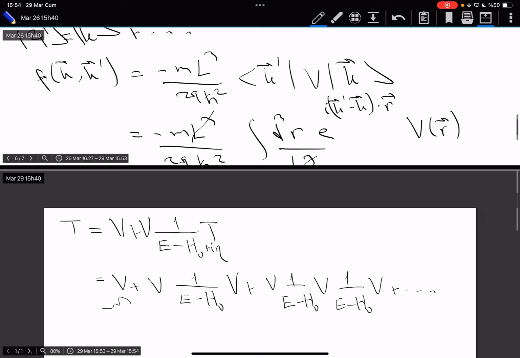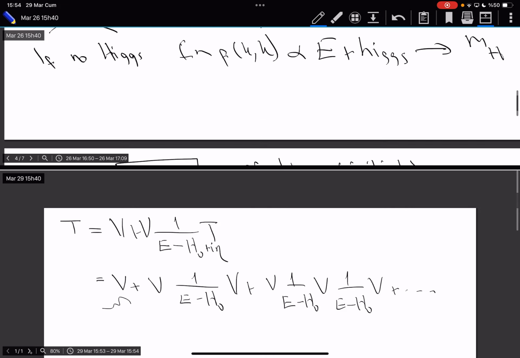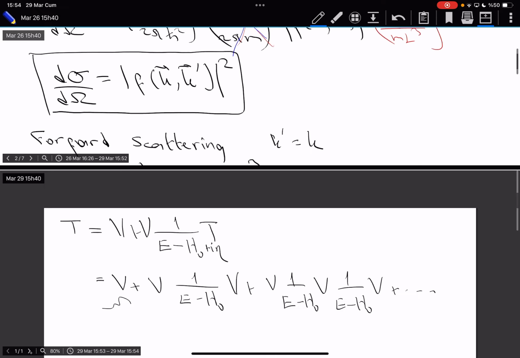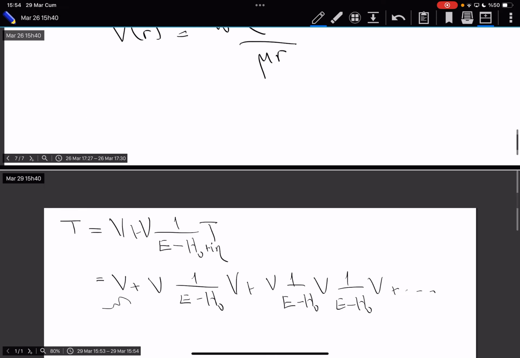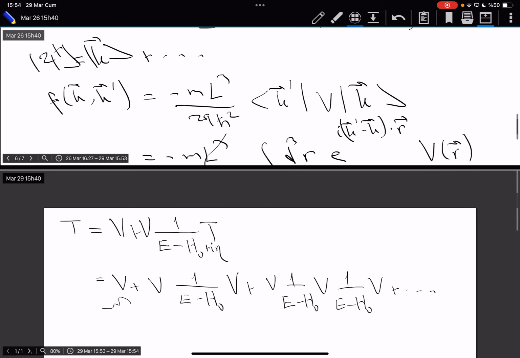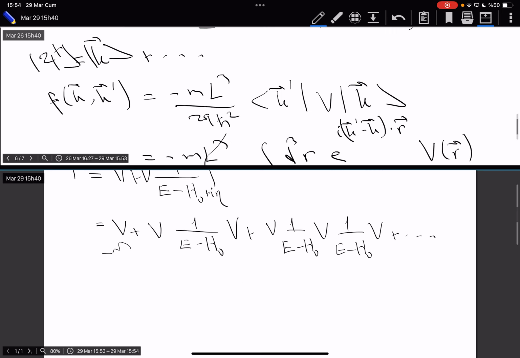Now, F(k', k) is minus m L cubed over 2 pi h bar squared, times <k'|V|psi plus>.